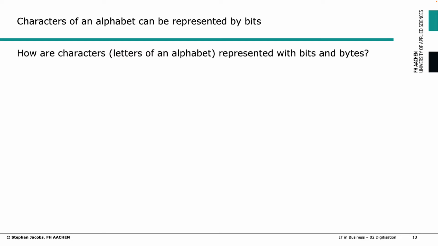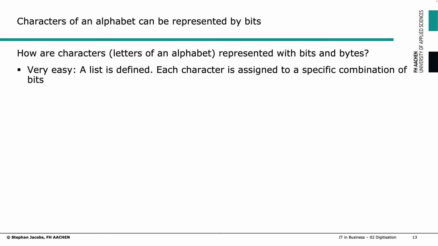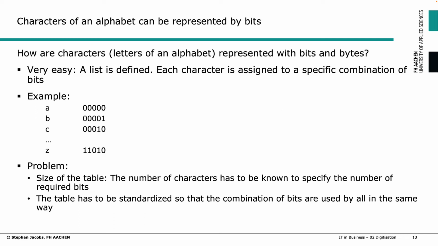You simply create a table, and on the one hand you have these characters A, B, C up to Z, and on the other hand you simply assign a combination of 5 bits. The only thing you have to do is make sure that not 2 characters are assigned to the same combination.